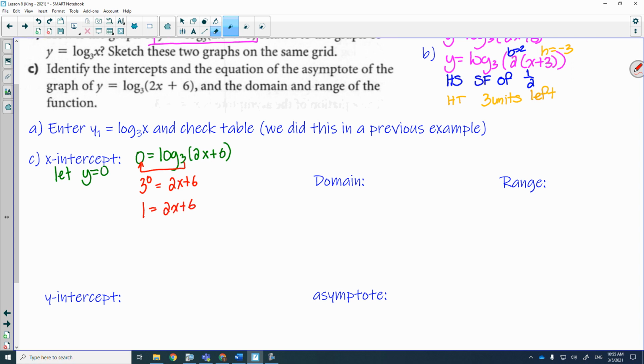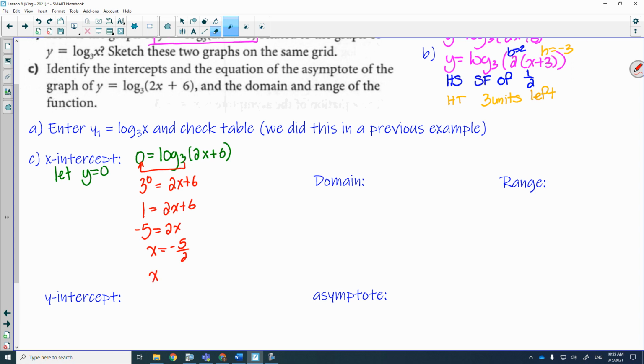Let's isolate our x, so subtract 6 from both sides, and I get -5 is equal to 2x. Divide both sides by 2, and I'm going to get x is equal to -5/2. I tend to convert x and y intercepts to decimals because if you are plotting it, you need to know what that decimal is.